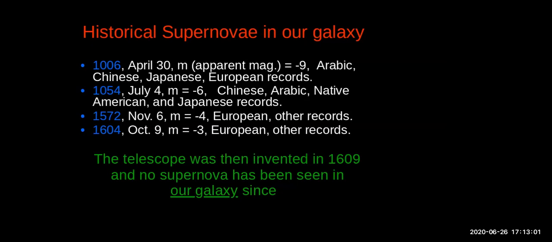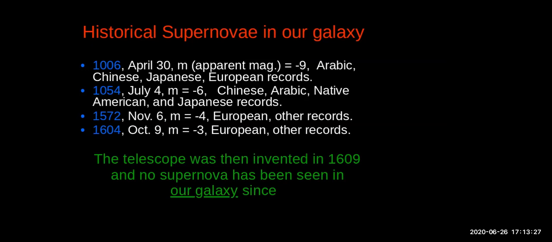That's not fair. These are all naked eye ones where there have been drawings by Native Americans, these cliff dwellings, carved into rock, showing how it looked. There's a lot of Chinese and Arabic recordings of these. There weren't any European ones in certain times because of the Dark Ages. You weren't really, according to the church, supposed to see anything new up there.